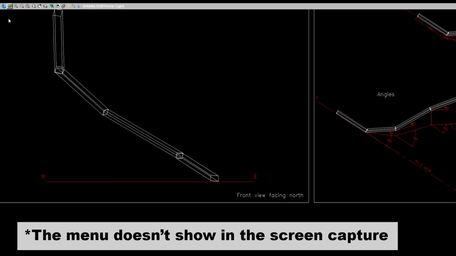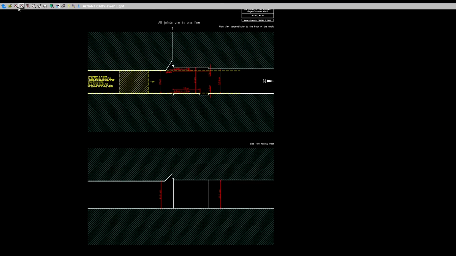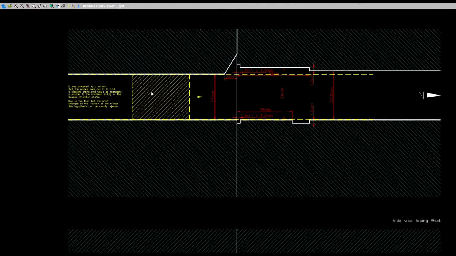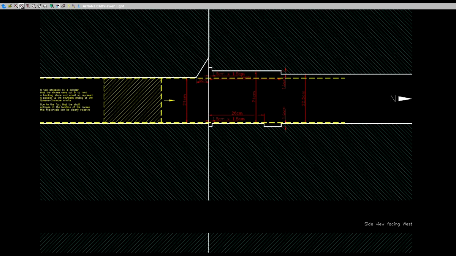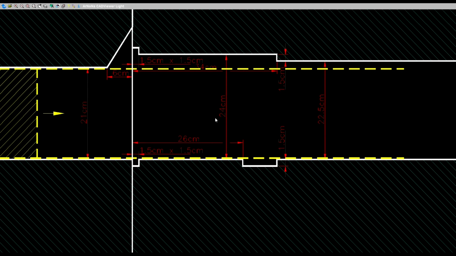No, let's first look at the niche in the upper southern shaft. These are the measurements that he did. There are some indentations here. So how deep is this now?